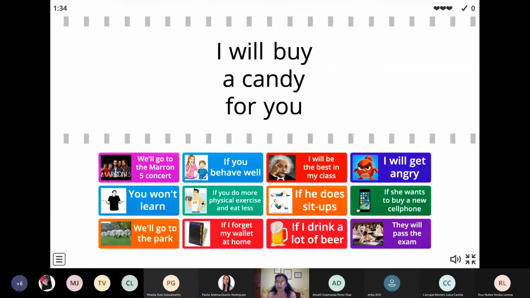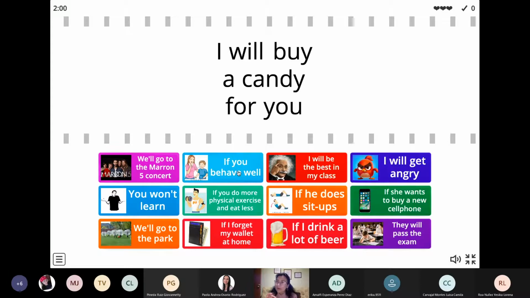Entonces, tenemos que unirlo con una frase que tenga if y que sea coherente. I will buy a candy for you if you behave well. Very good. Behave es comportarse. Vayan tomando nota de vocabulario, preciosos. I will buy a candy for you if you behave well.